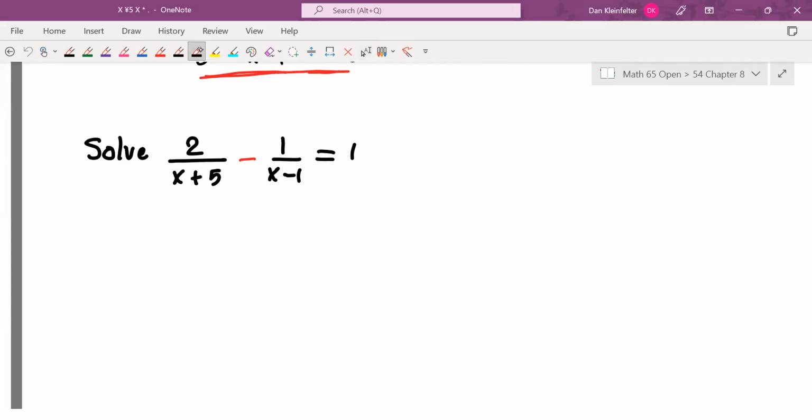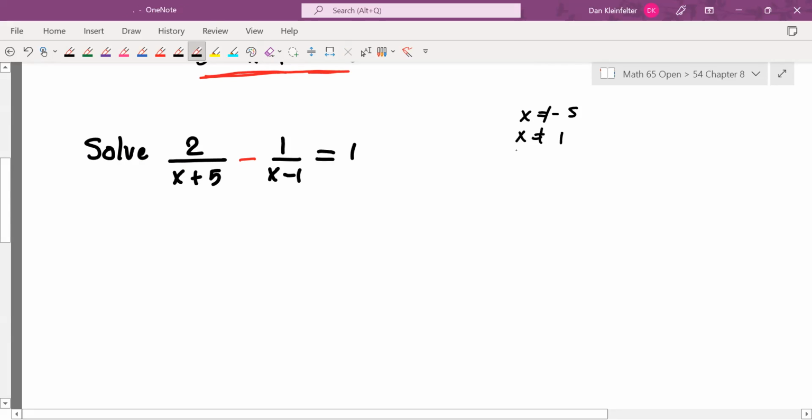We know that our exclusions are -5 and 1. And our LCD is still x plus 5, x minus 1. So I'm going to multiply both sides by x plus 5, x minus 1.